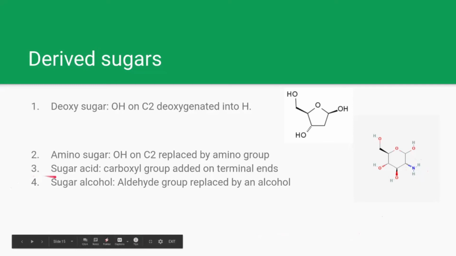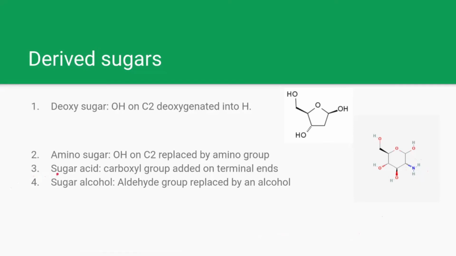And then you have a sugar acid, which is, if you take a linear chain and then you add a carboxyl group at the other end of the molecule, you have a sugar acid. And then in a sugar alcohol, you basically replace the aldehyde group by an alcoholic group.